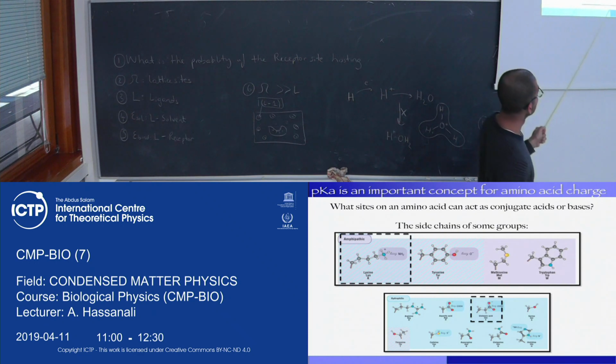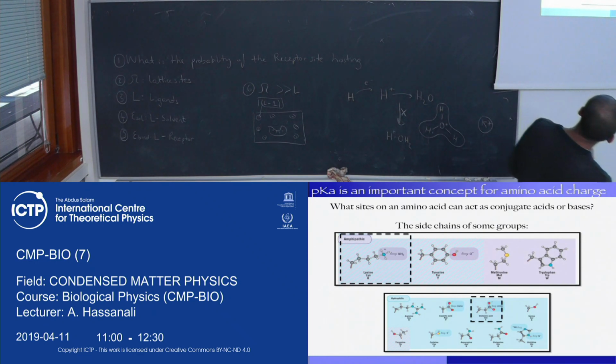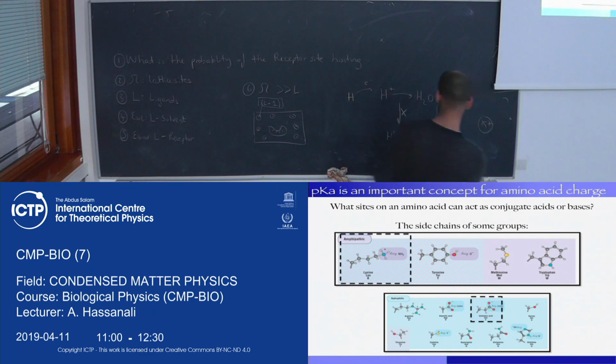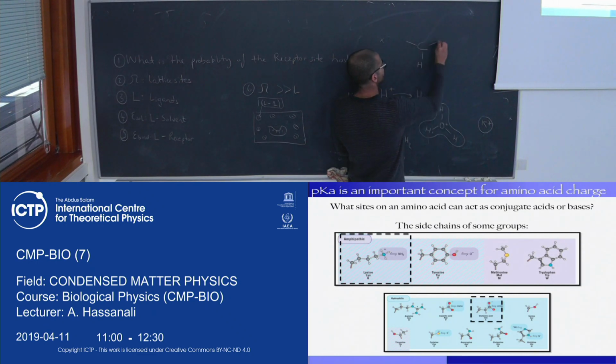It has an exchangeable protonation site. But let's take, if we take, this is glycine. Glycine, this is its R group, the side chain.